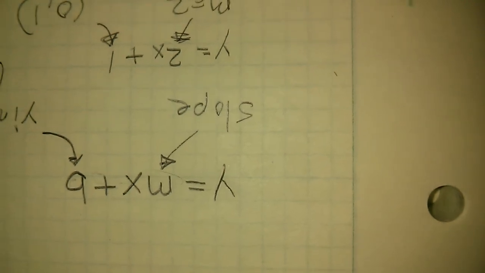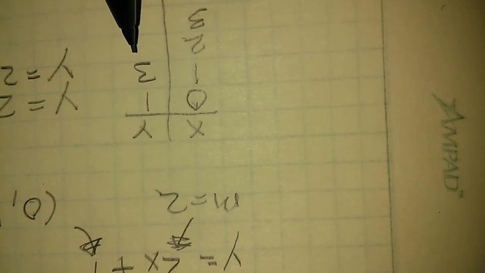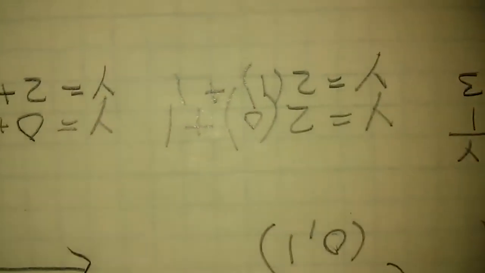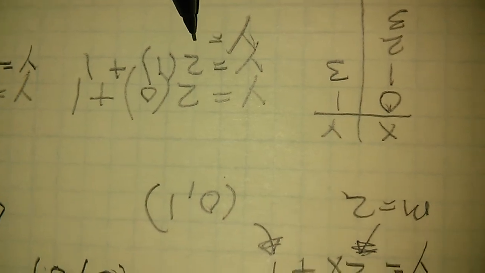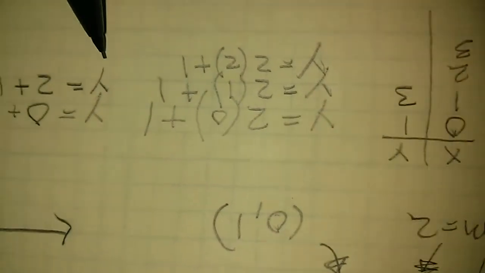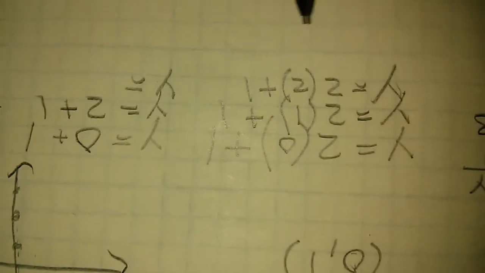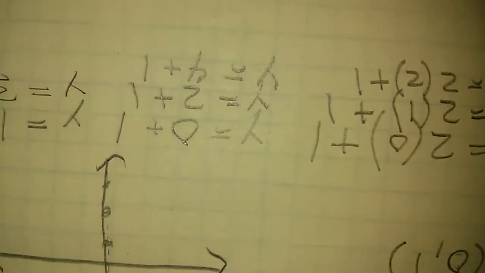So when x is a 0, y is a 1. When x is a 1, y is a 3. Let's try 2. 2 times 2 is 4. 4 plus 1, y equals 5.